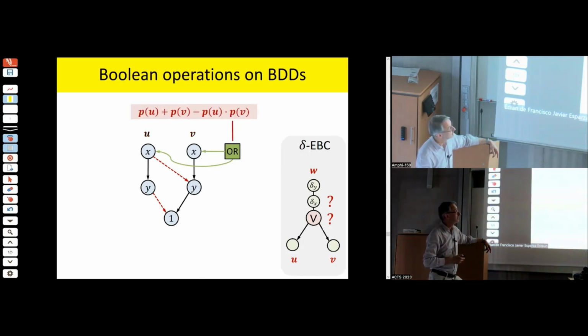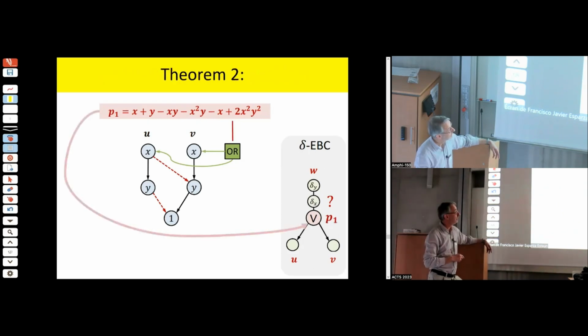In fact, we are going to obtain the polynomial of U plus the polynomial of V minus the product. That's the definition. And it's actually going to be this polynomial. Good. This is the result. That polynomial is that one.